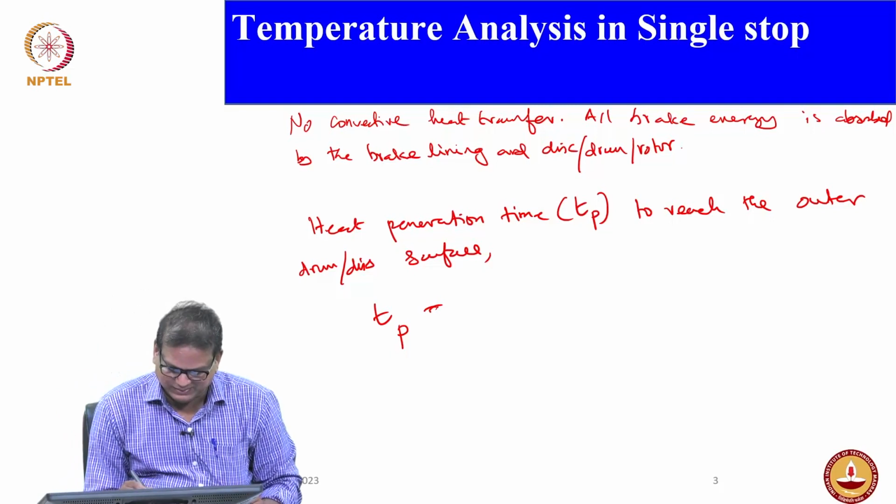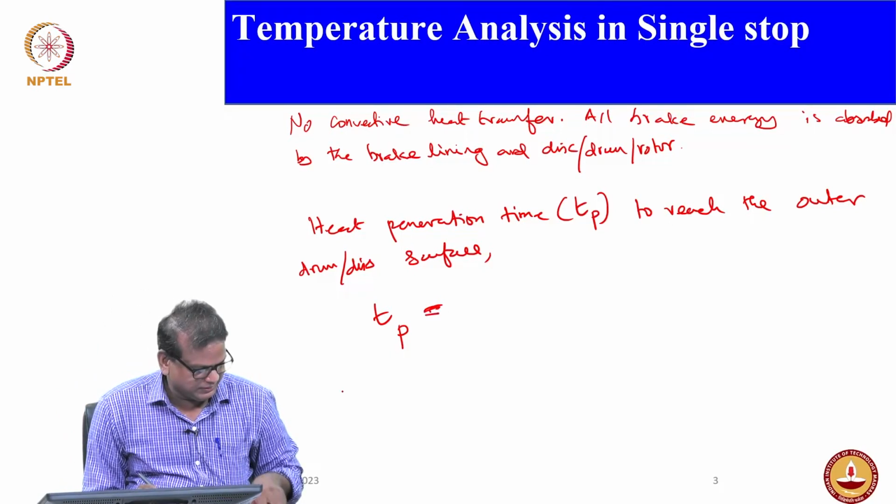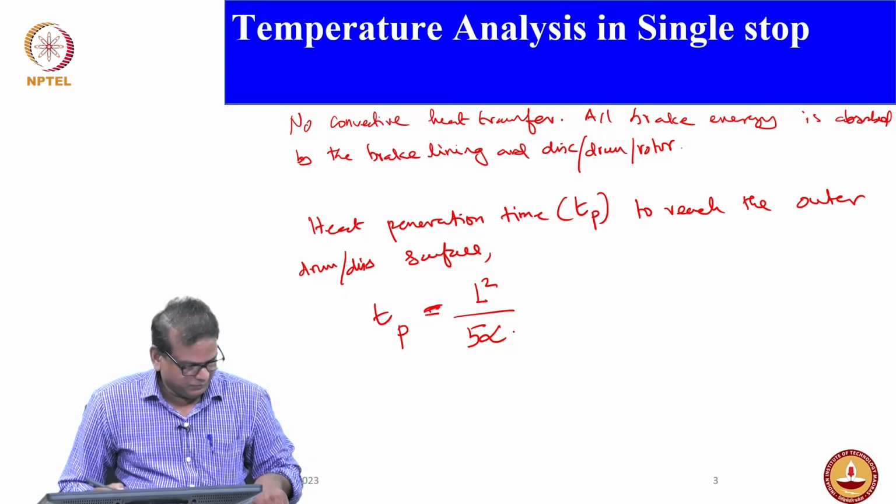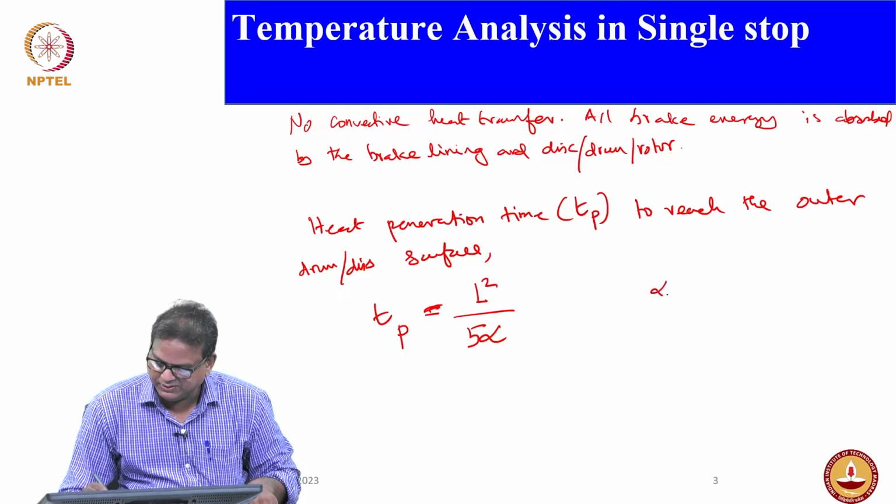So it is L squared by pi alpha, where alpha is the thermal diffusivity.